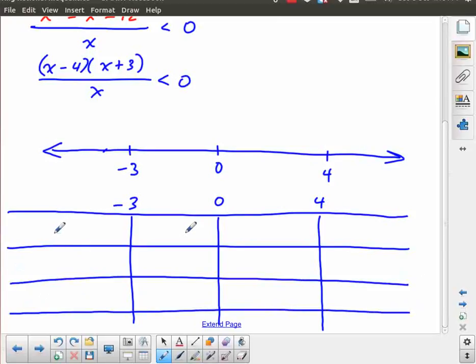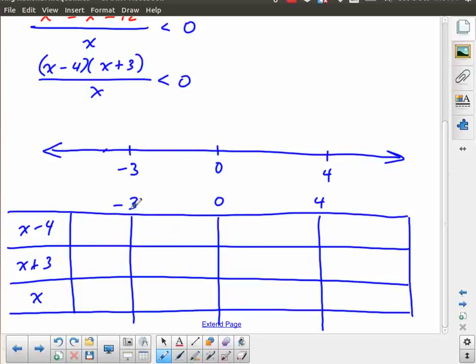And here I'm going to put each of the factors. Everything's in factored form already. So I actually need another line here. So here are my factors: x minus 4, x plus 3, and x. And that's fine like that.